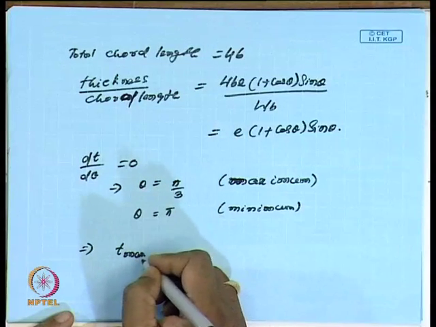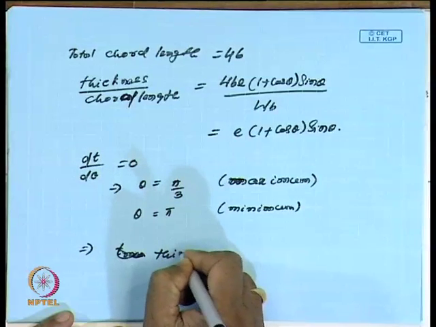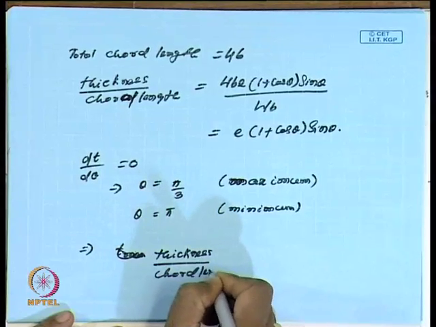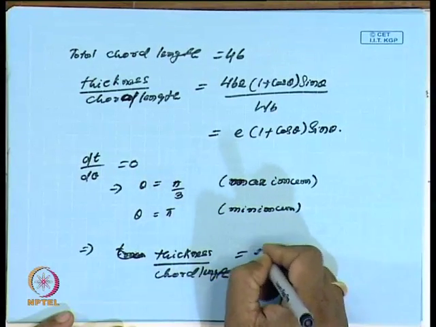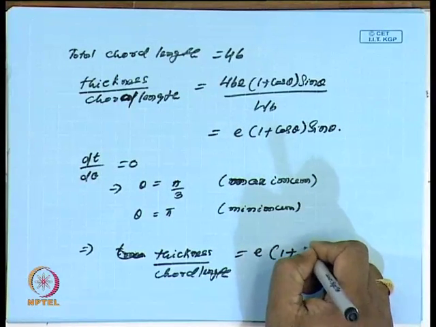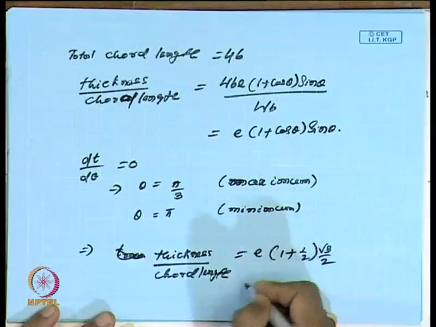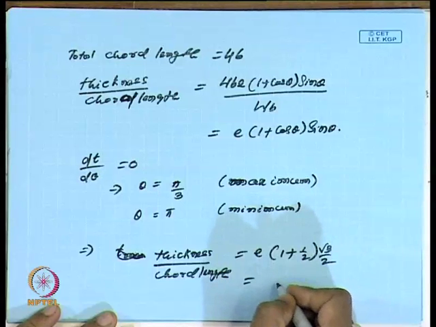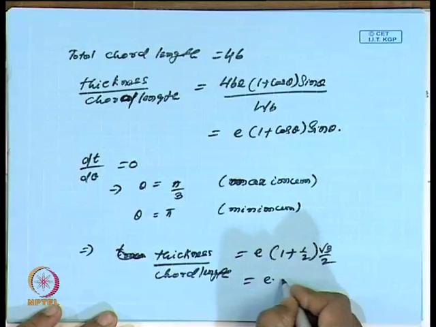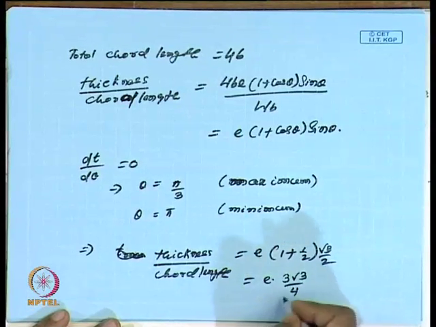again we will see. So this thickness to chord length will be e into 1 plus cos pi by 3, that is 1 by 2, into sin pi by 3, root 3 by 2, and that will be 3 root 3 by 4 times e, and this will be the value.